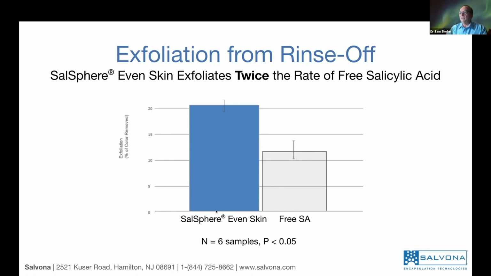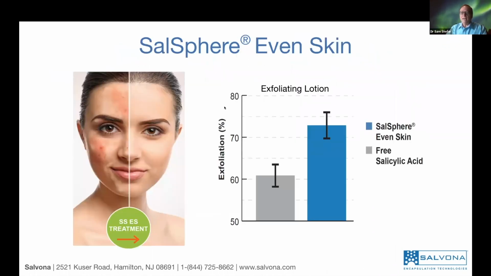And you see that with SalSphere Even Skin, the color reduction was over 20%. So I could say roughly the SalSphere Even Skin is able to increase by a factor of 2 the degree of skin exfoliation. And this is coming up with other technologies that we tested it with.